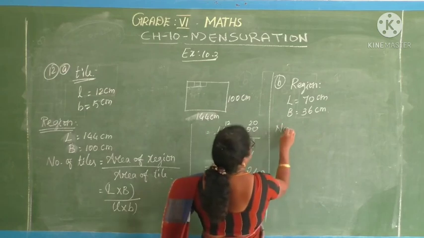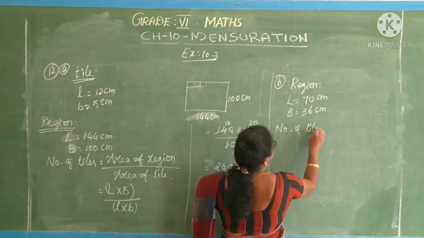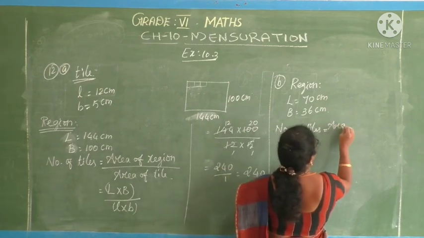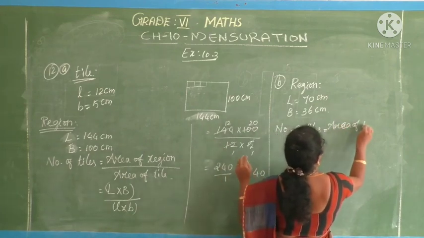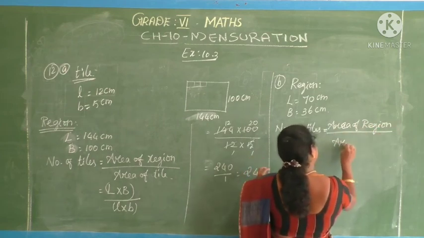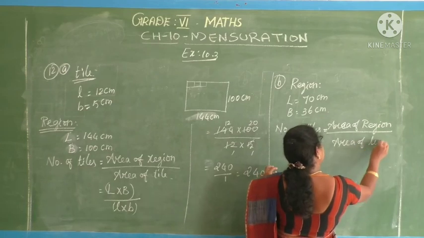So number of tiles equals area of region divided by area of tile.